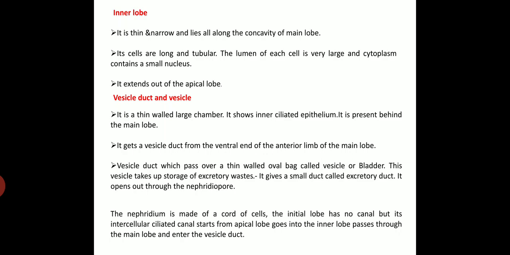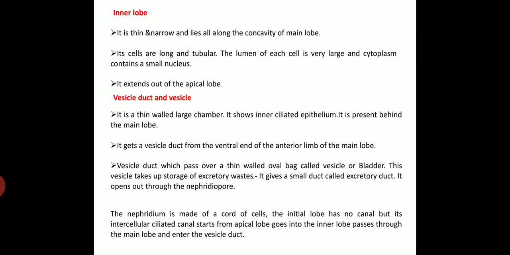Next is the vesicle duct and vesicle. It is a thin-walled large chamber. It shows an inner ciliated epithelium. It is present behind the main lobe. It gets a vesicle duct from the ventral end of the anterior limb of the main lobe.